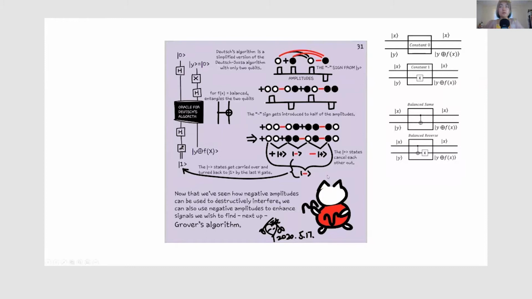Namely, when you introduce a negative sign, you can destructively interfere with some other states, reducing the probability of that state being in your measurement result. This is really useful if you use this interference behavior in your setup. You can extract information efficiently. So this is Deutsch's algorithm.